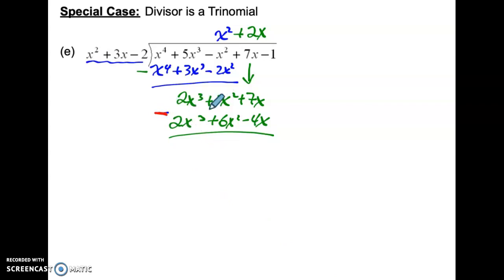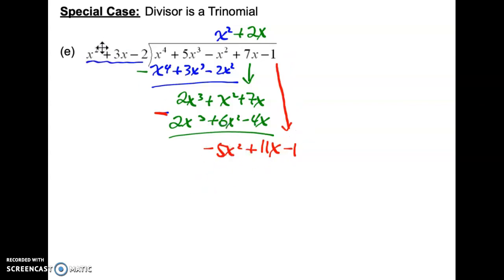Okay, subtracting, the first term goes away. X squared minus 6, negative 5x squared, 7 minus negative 4. There we have 11x. And then we bring down the next term and begin the process all over again.